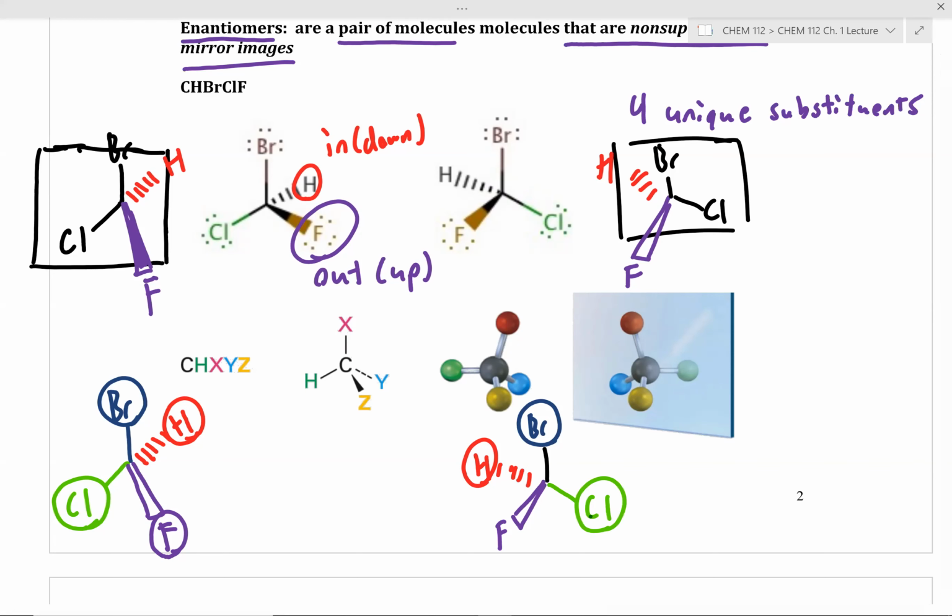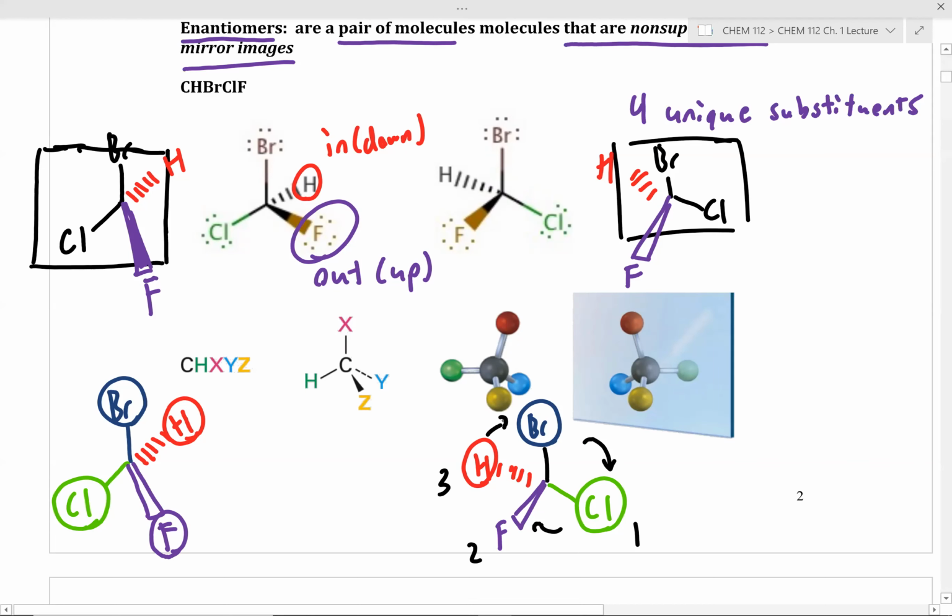Now, one way to help us visualize this is that we can rotate any set of 3 substituents, either clockwise or counterclockwise, to change their relative position. So what we're going to do is take our substituents and rotate them in a clockwise pattern.